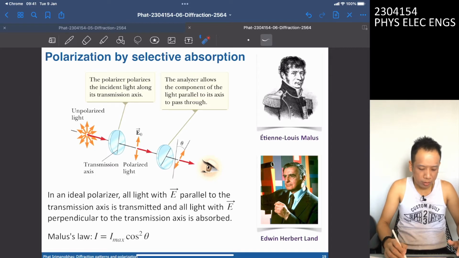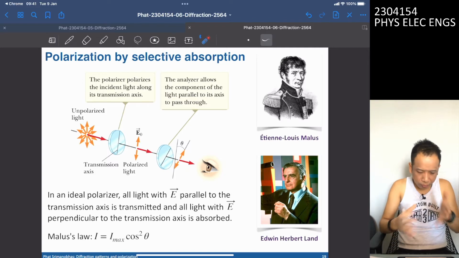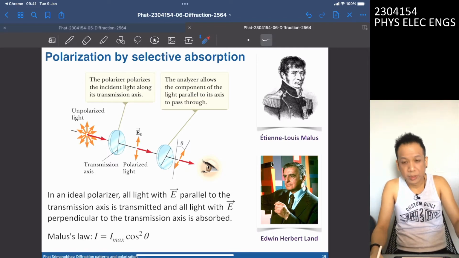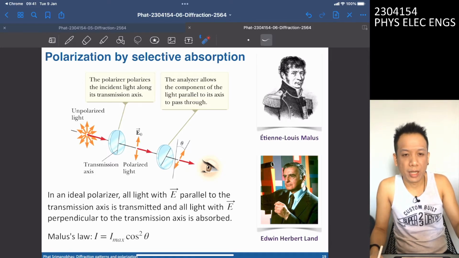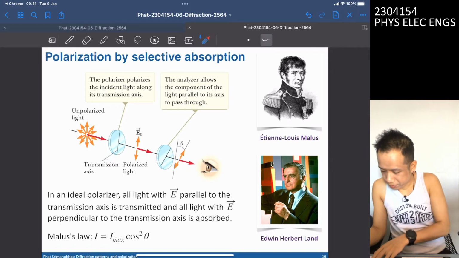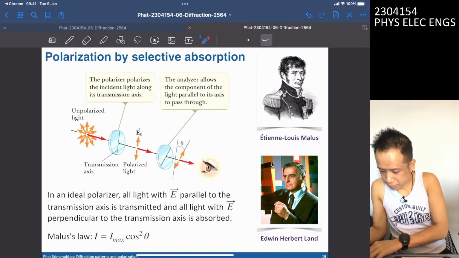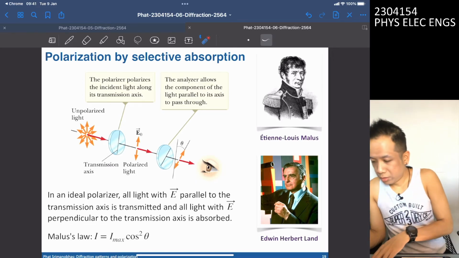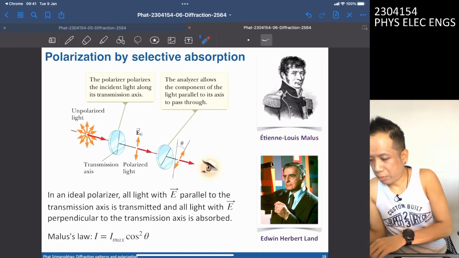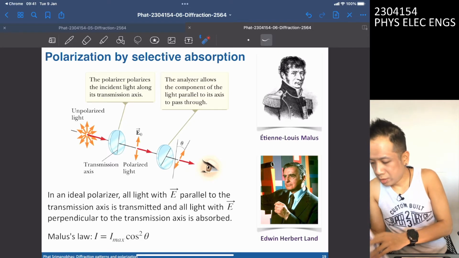First is Malus, who constructed this law, and then Herbert Land, who found the materials that can create polarization by absorption. Okay, so this is polarization by selective absorption.